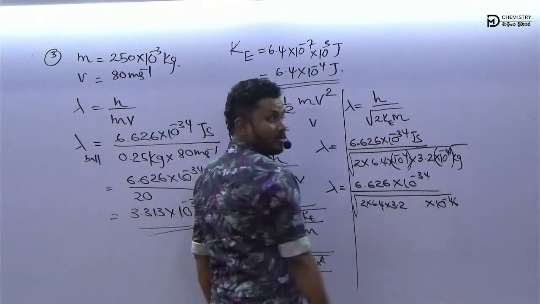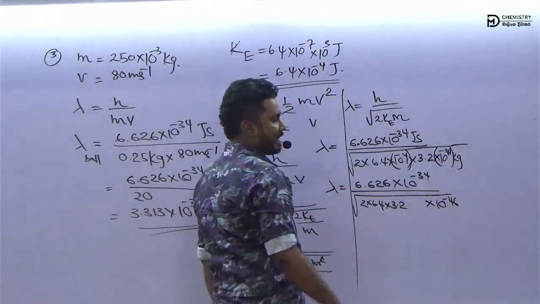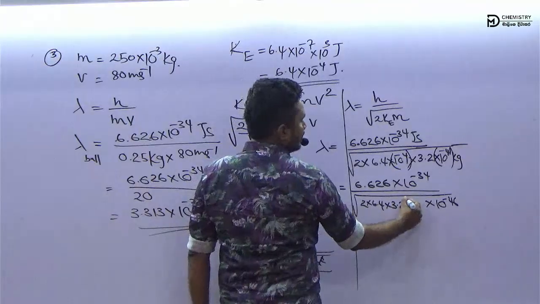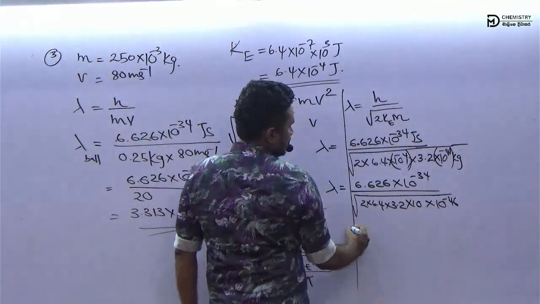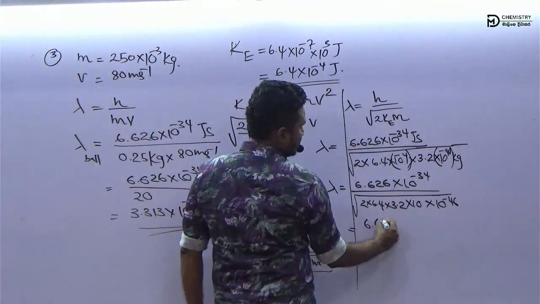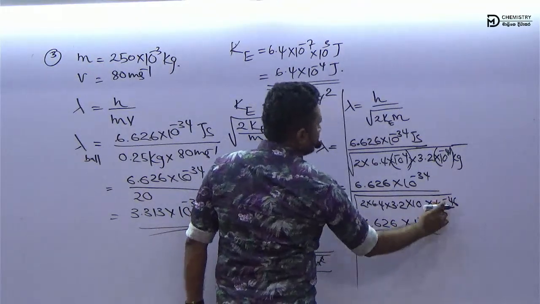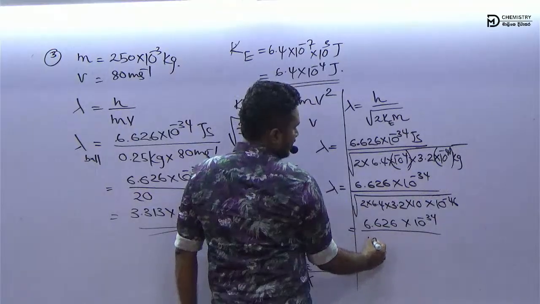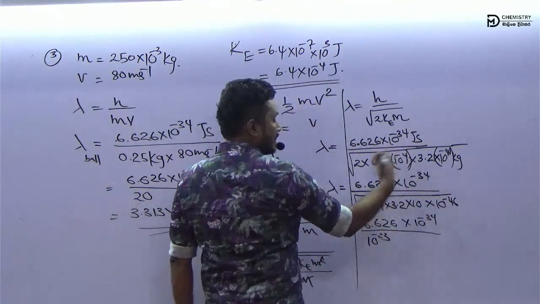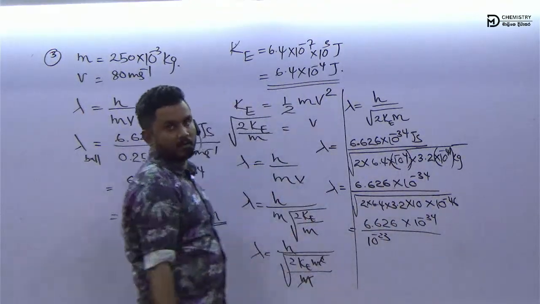Here I write 10 to the power minus 46, which means I divide by 10. So to avoid that, I have to multiply by 10. So it is really easy: 6.626 into 10 to the power minus 34 over the square root of 10 to the power minus 46 is equal to 10 to the power minus 23. If we don't take an even value, it does not divide by 2 properly, no guys.